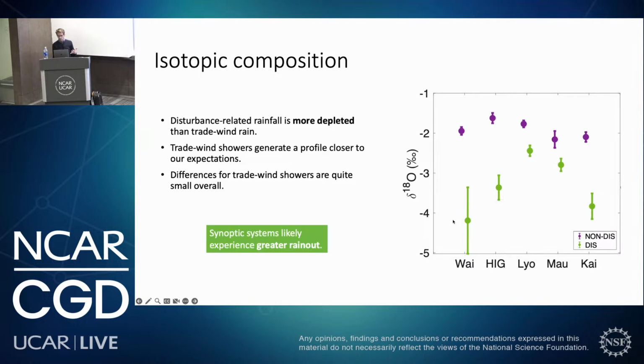At this moment, we're not distinguishing between different disturbances because we don't really have a lot of data, but we hope to do so in the future. And you see that in the weeks where we don't have any disturbances, so trade wind driven showers, these tend to be a bit closer to the picture that I gave before, where the rain becomes more depleted as it travels across the island. And then here, probably as a combination of the factors that I mentioned earlier, it gets slightly more enriched when it gets to Lion.